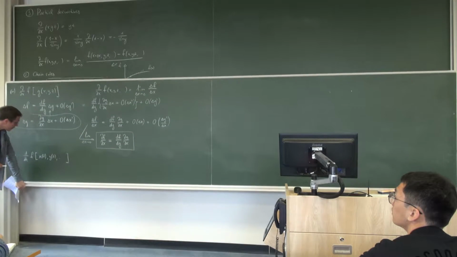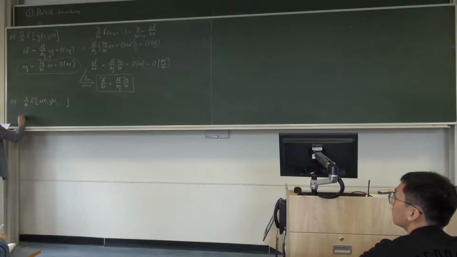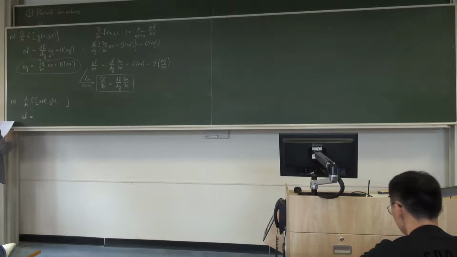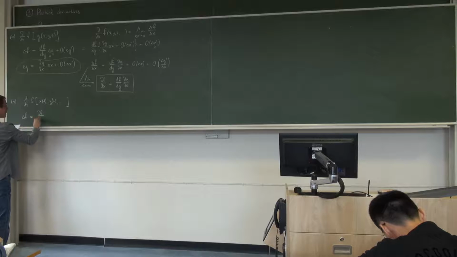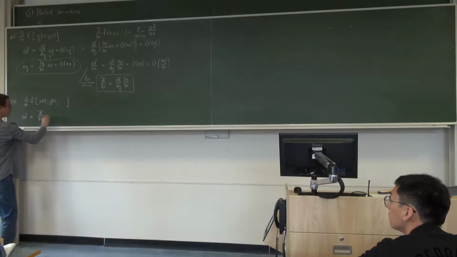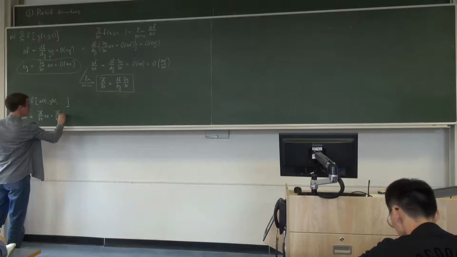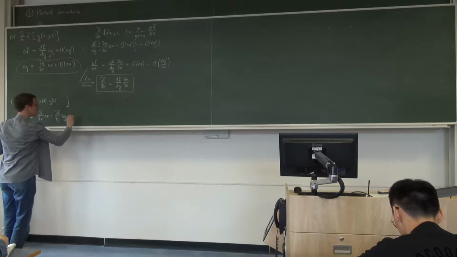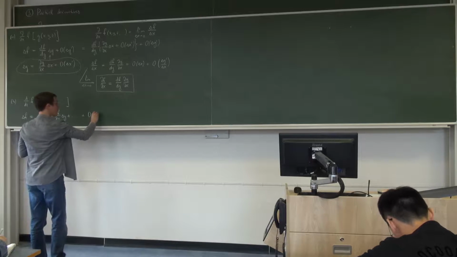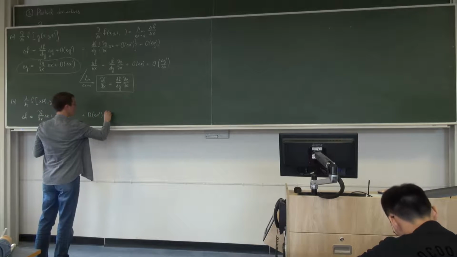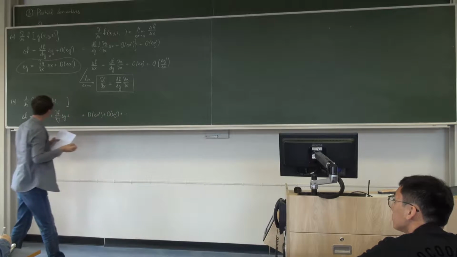The first thing we need to do is to say delta f will be df by dx delta x plus df by dy delta y plus so on, plus lots of residuals. Order of delta x squared, order of delta y squared, and so on.